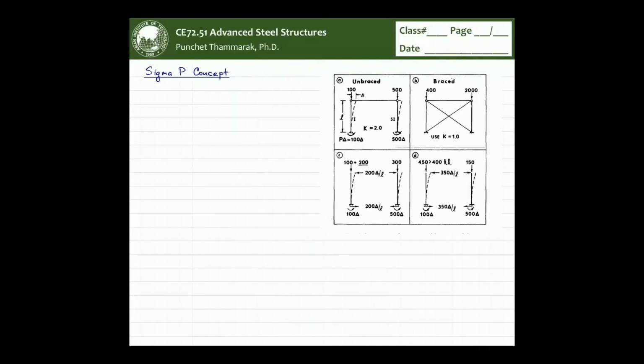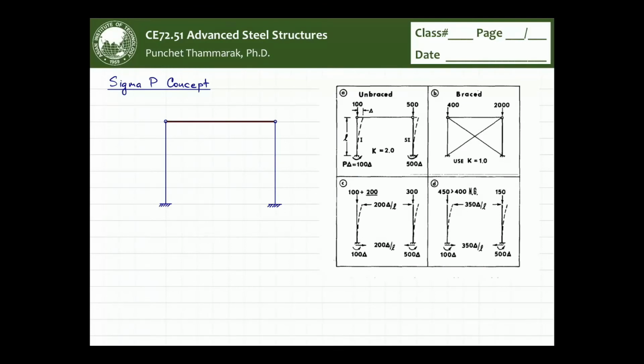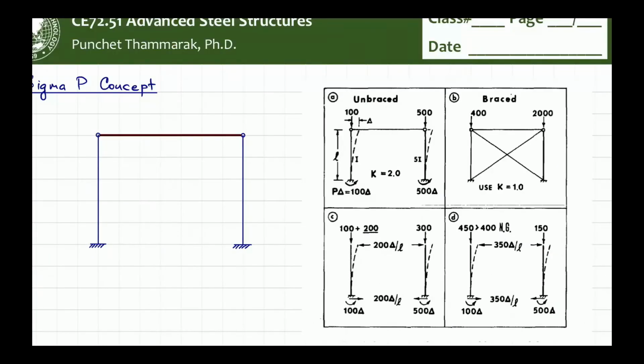Okay, so we have one frame, and let's talk about the capacity of this frame. First of all, in case A, the frame is unbraced, and at the top you can see that you have that circle dot which represents the hinge. That means you have no rotational restraint at the top of the column.